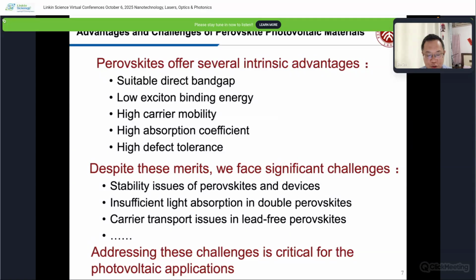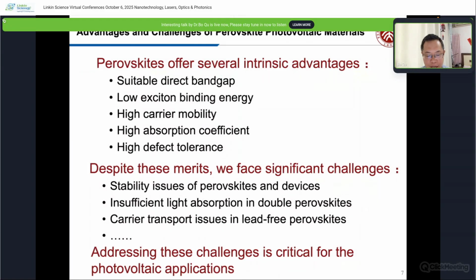Perovskite photovoltaic materials offer several intrinsic advantages, such as the stable direct band gap, the low exciton binding energy, the high carrier mobility, high absorption coefficient, and high defect tolerance.